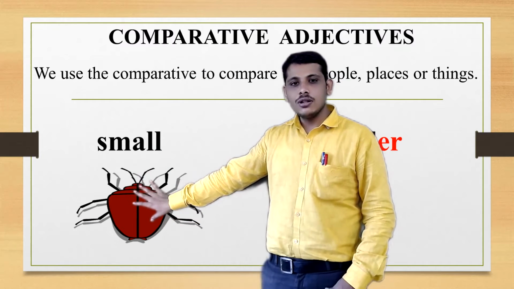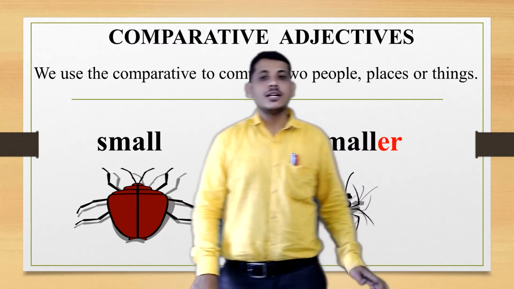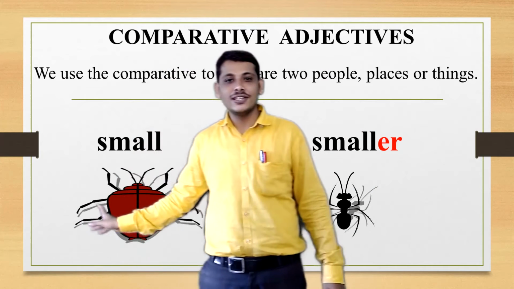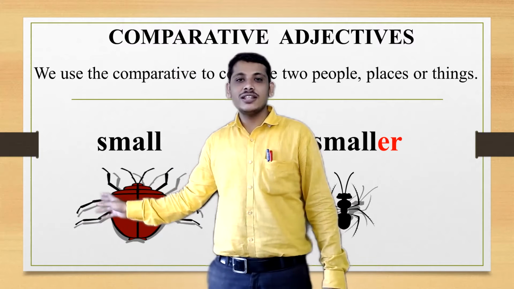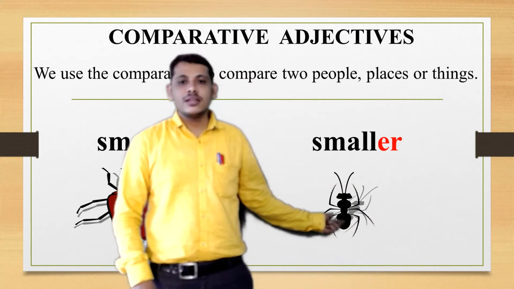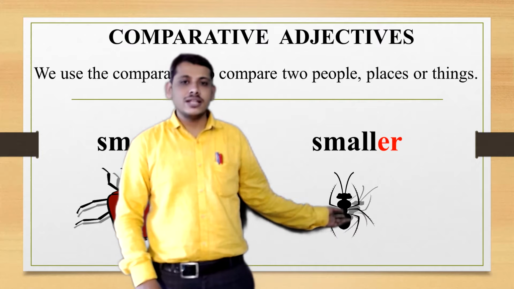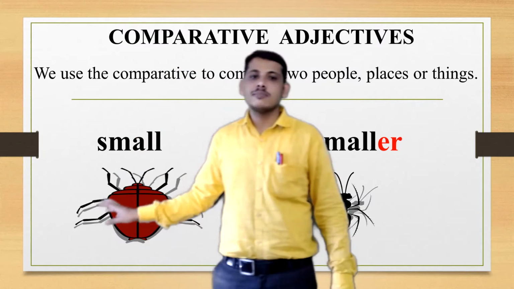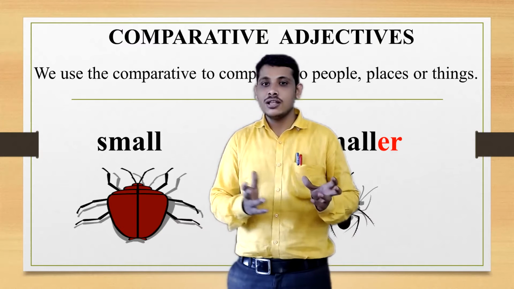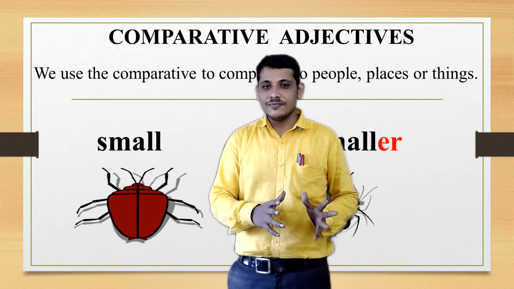This one is small, this one is small, but the black one is smaller compared to this one. So here I am comparing their size. So I can say the black one is an ant. So I can say that the ant is smaller than the beetle. Ant is smaller than the beetle. So I'm doing a comparison.